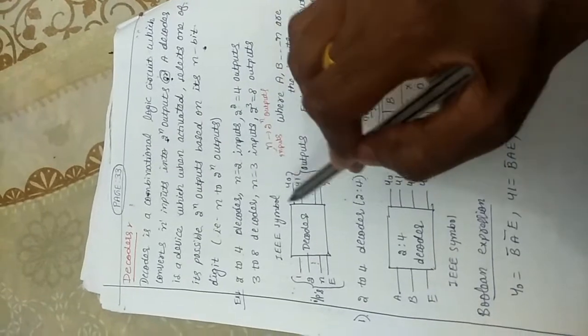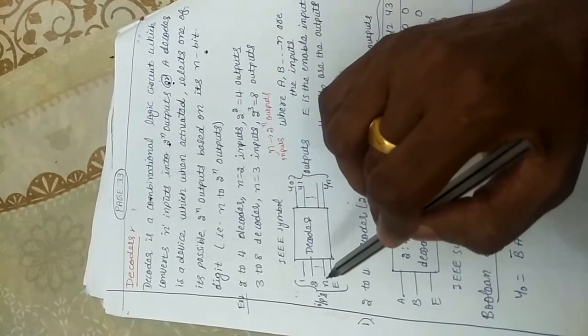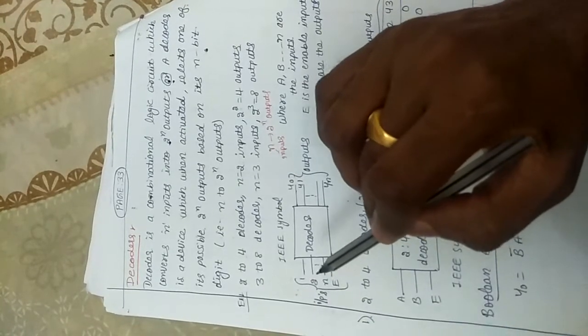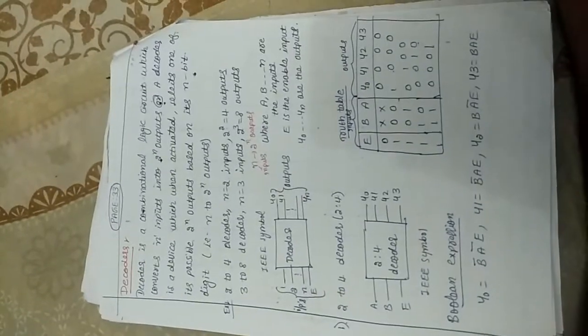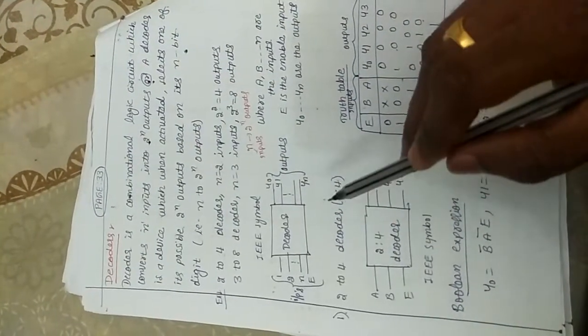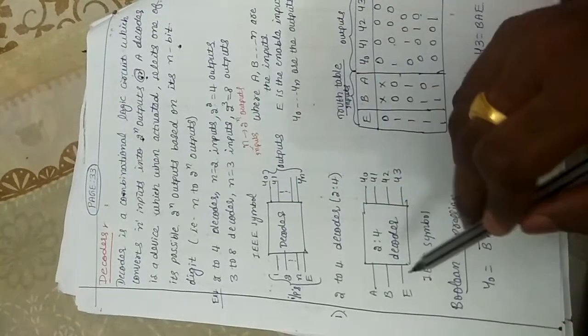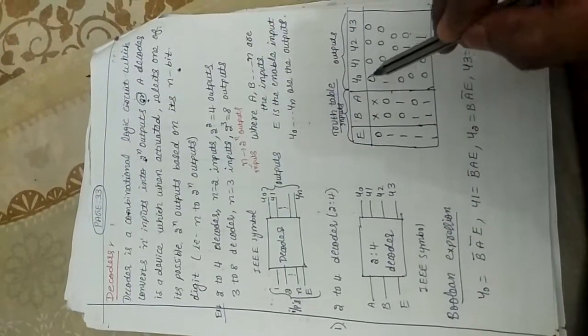Here also, based on the enable, if your enable gets activated, then only your decoder will work. So first, if I make enable 0, irrespective of the input, the outputs are all 0, for the 2 to 4 decoder.